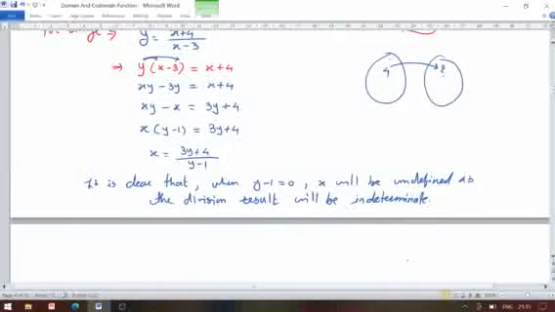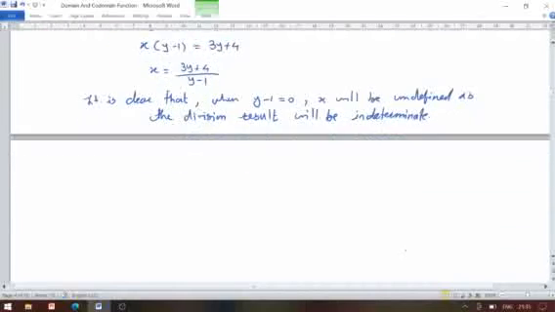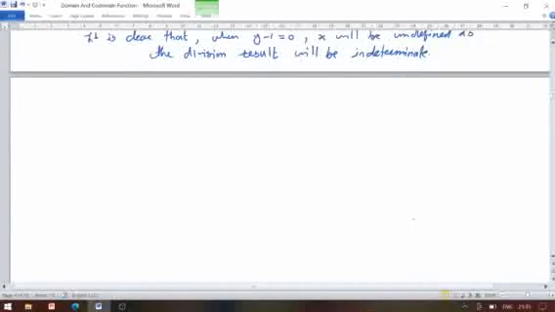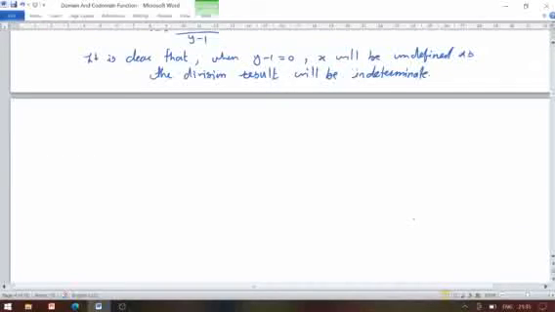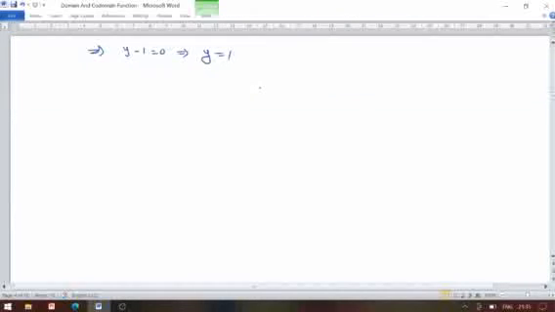That means the value of x should exist for all real numbers except where y minus 1 equals 0. So y minus 1 equals 0 means y equals 1. So y equals 1 is the critical point for finding the value of variable x here.